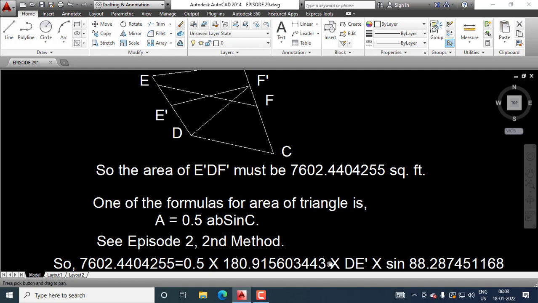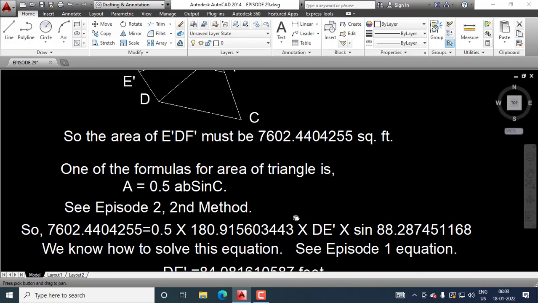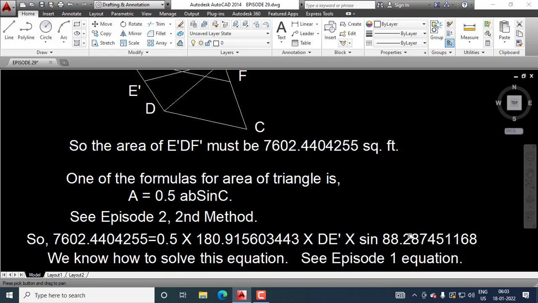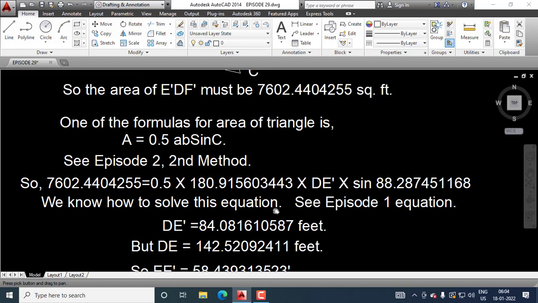So DE dash is here, into sin 88.287451,168. We calculated this angle above, and this angle is sin 88.287451,168. We know how to solve this equation. See episode 1, equation.